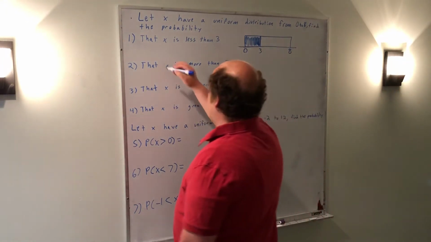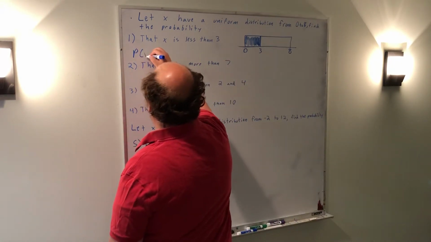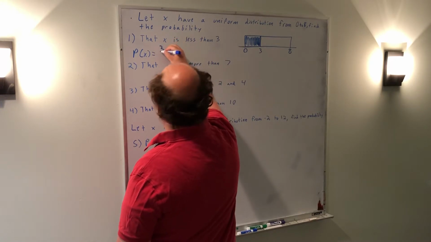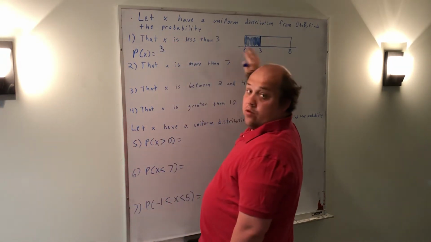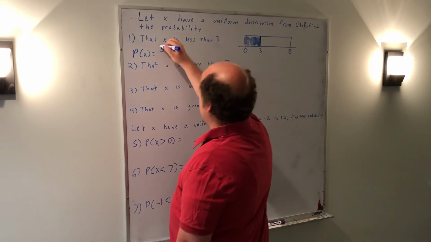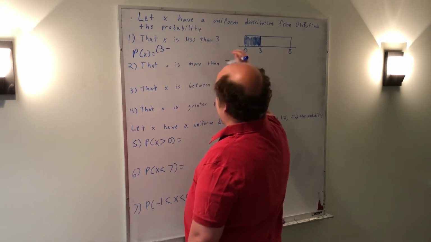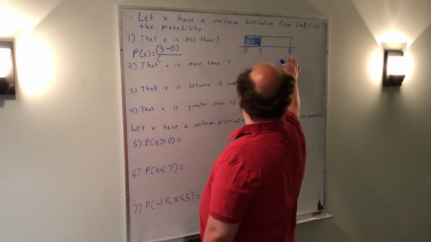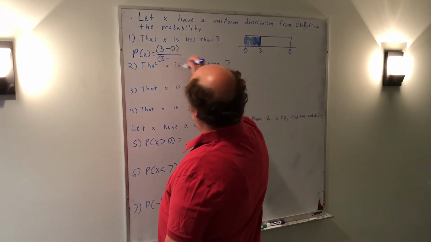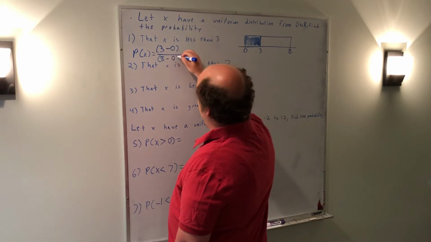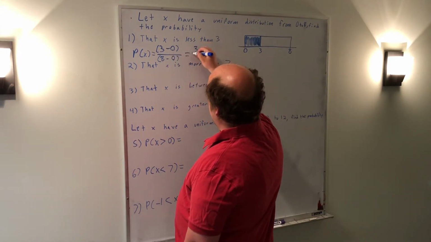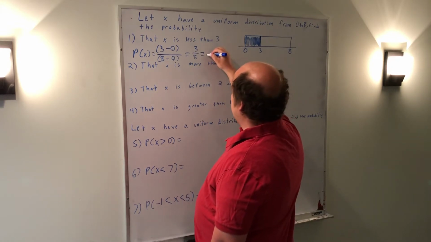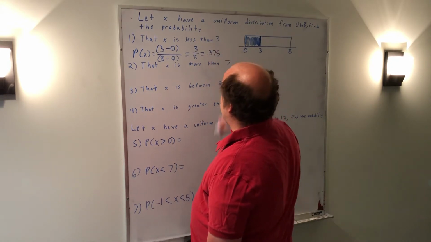So really, the probability here for the uniform, p of x, equals on top, end of shaded area, 3, or in other words, the rightmost point in the shaded area, minus start of shaded area, 0. On bottom, end of box, 8, minus start of box, 0. This becomes 3 over 8. If I put that into my calculator, it'll tell me 0.375.